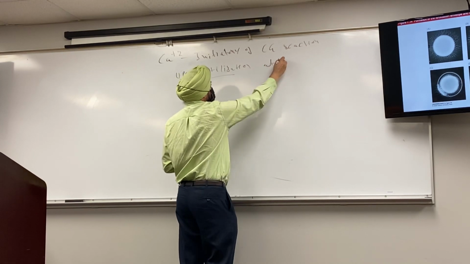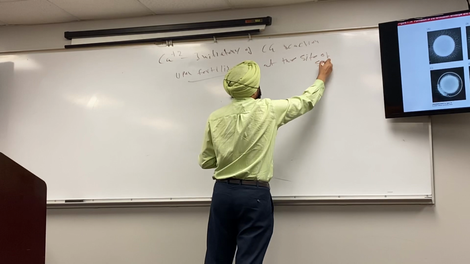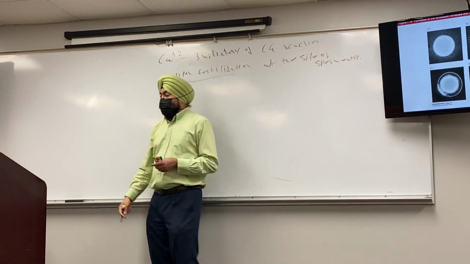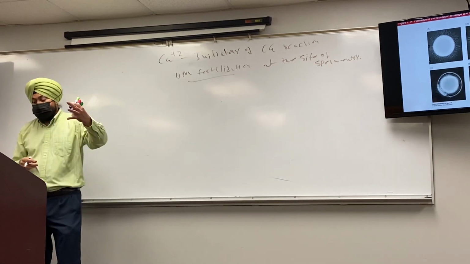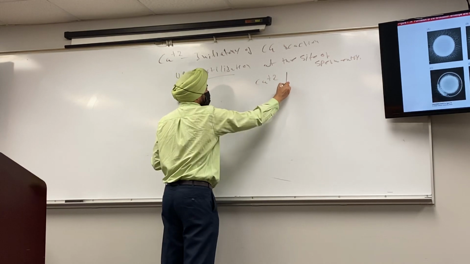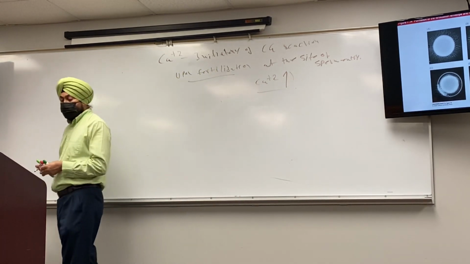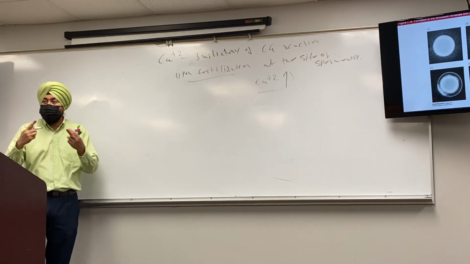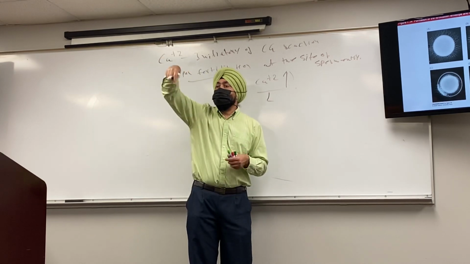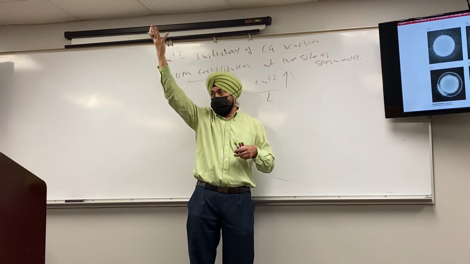At the site of sperm entry, immediately after the sperm enters, the calcium ion concentration goes up. And when the calcium ion concentration goes up, that is going to cause exocytosis, right? Exocytosis is controlled by calcium.